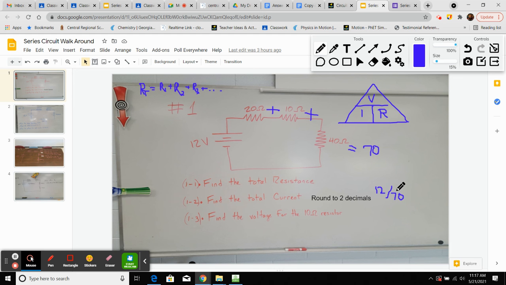When you put this into the calculator, you get 0.171 and a bunch of other digits. And I wrote here, round to 2 decimals. So if you were to round 0.1713, blah, blah, blah, what would that round to? You just needed the 2 decimals. 0.171.